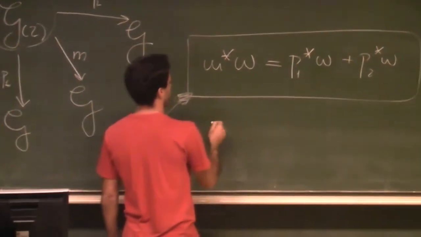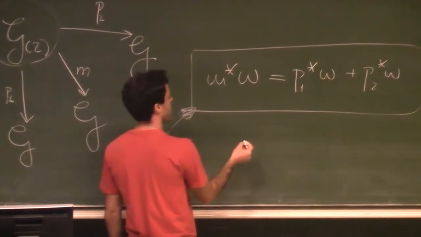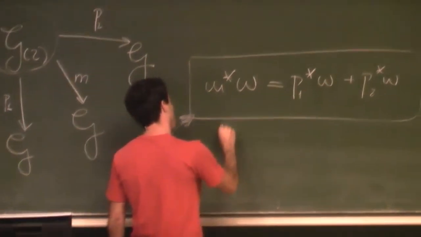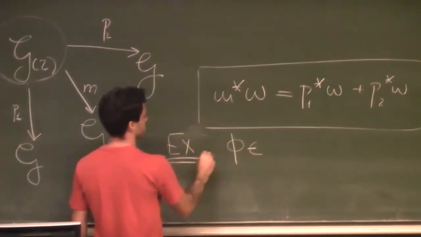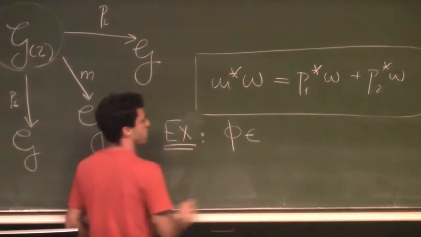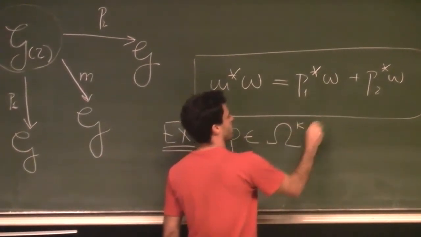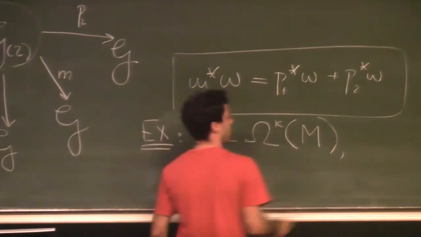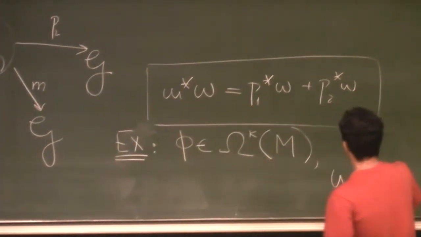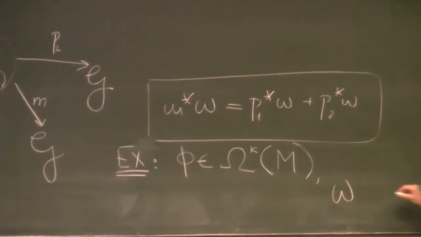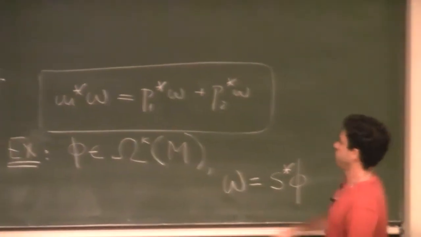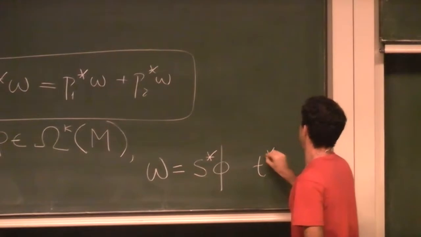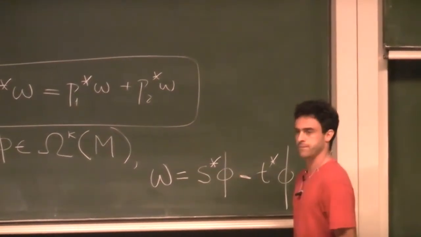And the simplest example: if you want to produce a multiplicative k-form, you could start with a k-form on the base of the groupoid, and then define a form on the total space of the groupoid by pulling back this form by the source and by the target, and taking their difference.